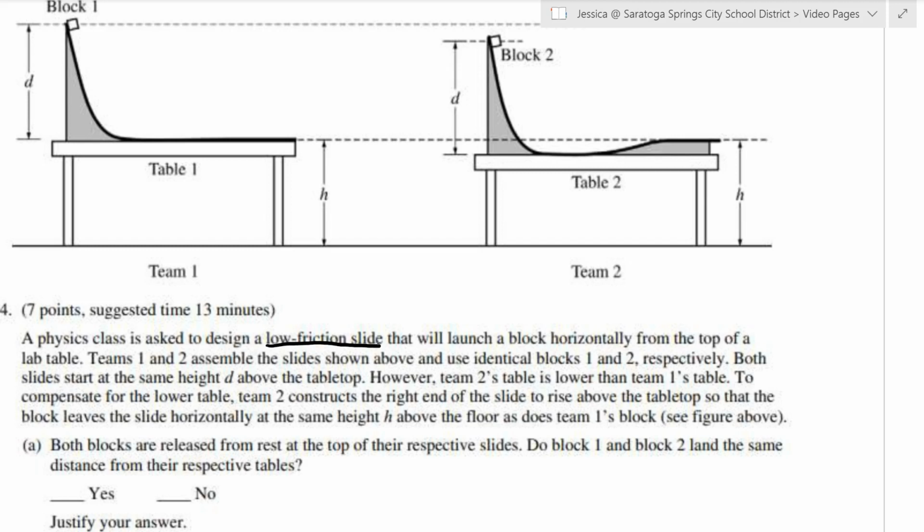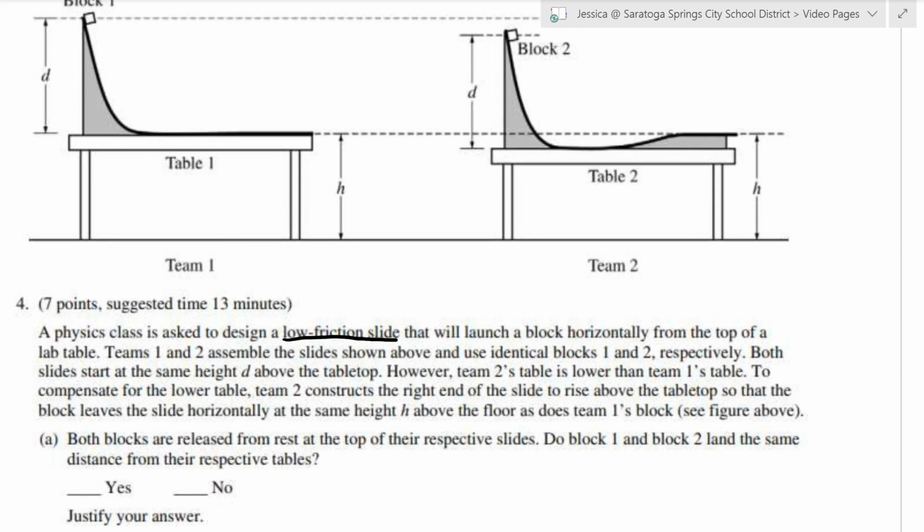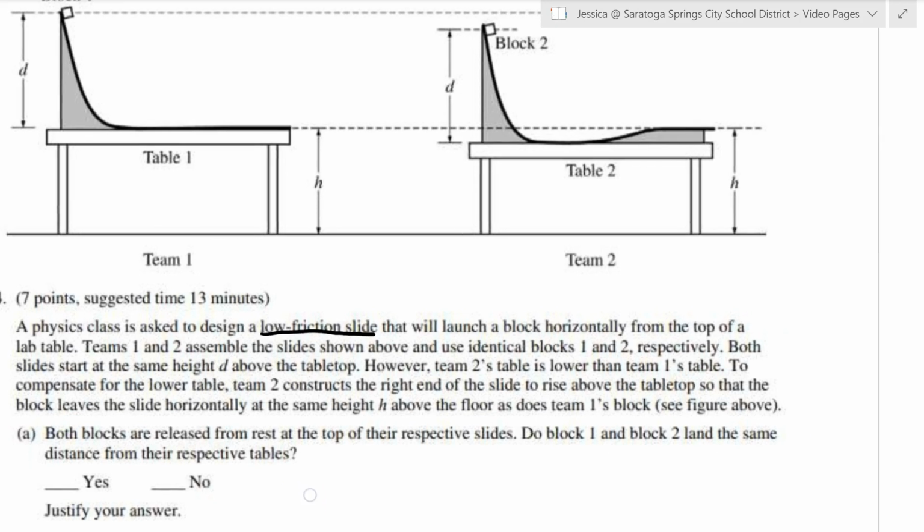To compensate for the lower table, Team 2 constructs the right end of the slide to rise above the tabletop so that the block leaves the slide horizontally at the same height, H above the floor, as does Team 1's block. Both blocks are released from rest at the top of their respective slides. Do block 1 and block 2 land the same distance from their respective tables?